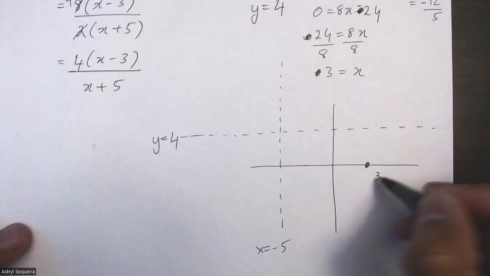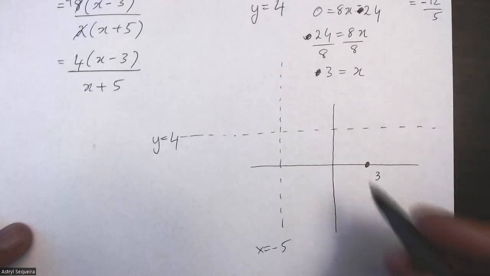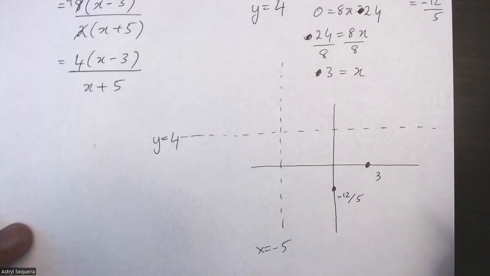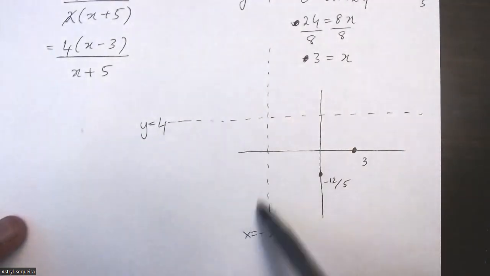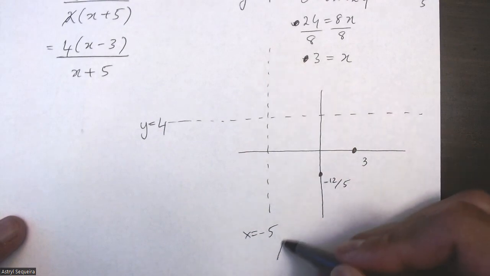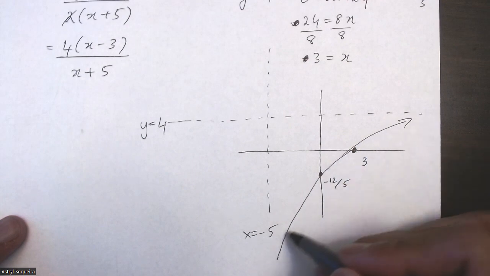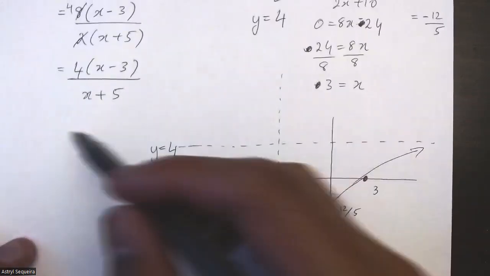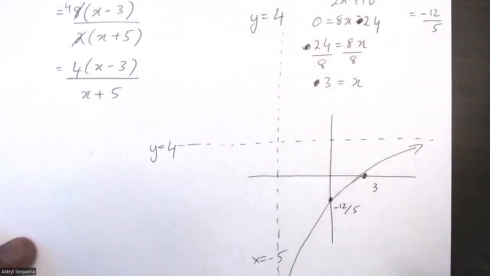And my y-intercept is negative 12/5, which is basically negative 2.4, which is somewhere over here. So now on the left side, it's either on the top or the bottom, and same with the right side, it's either on the top or the bottom. On the right side, we can already tell it's on the bottom because we have the 2 points over here. And for this side here, it's probably going to be on the top, but you want to double check and make sure. You don't want to guess.